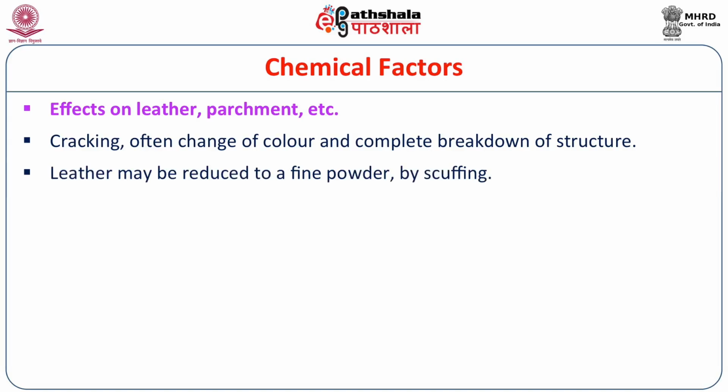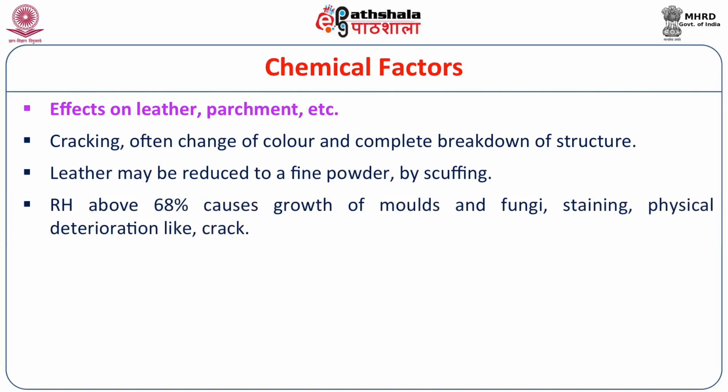Sometimes leather may be reduced to a fine powder by scuffing. When the relative humidity rises above 68%, it causes the growth of fungi and molds. It also favors staining. Physical deterioration like cracking occurs.